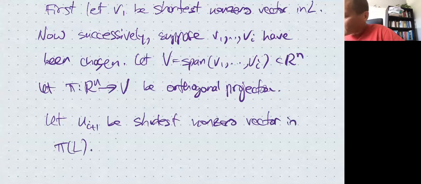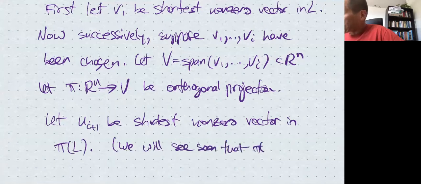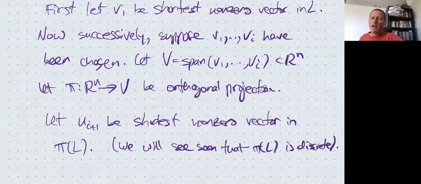We will see soon that pi of L is discrete. Okay, so pi of L is some discrete subset, some lattice actually, in V, in this i-dimensional subspace.